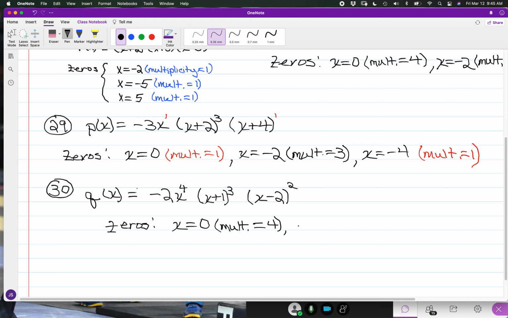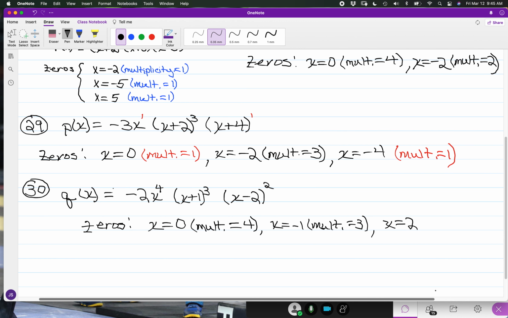From x plus 1, we have x is equal to negative 1, and because x plus 1 is raised to the third power, the multiplicity is equal to 3. With x minus 2, we have x is equal to 2, and since the corresponding factor, x minus 2, is raised to the second power, the multiplicity is going to end up at 2.